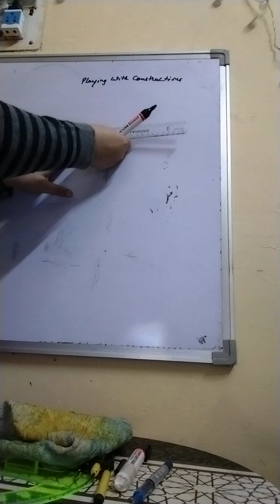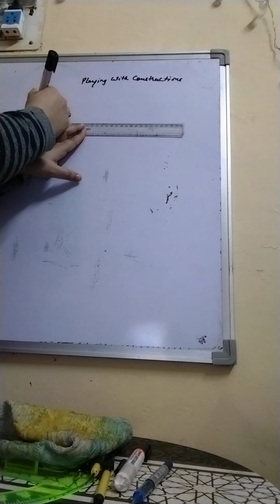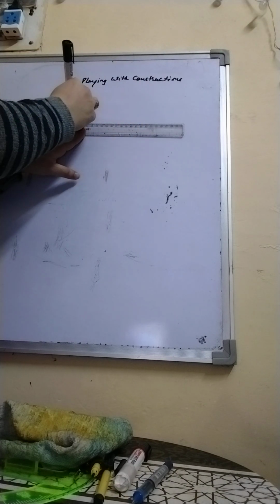So first of all we make a rectangle and then we will see what are the observations done in it.